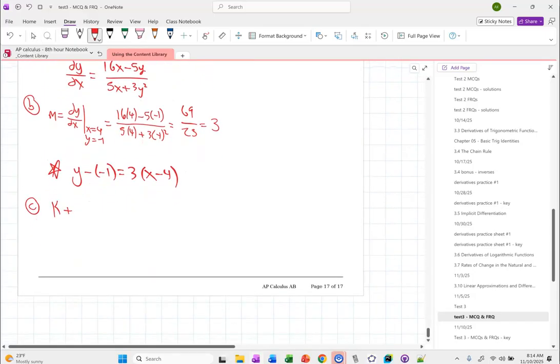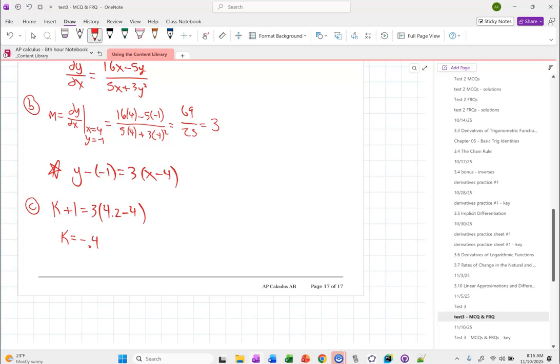So k plus 1 equals 3 times 4.2 minus 4. So k is going to equal, that's 0.2 times 3 is 0.6, minus 1 is negative 0.4. Easy enough, right?